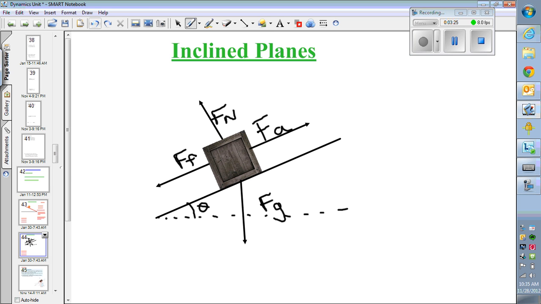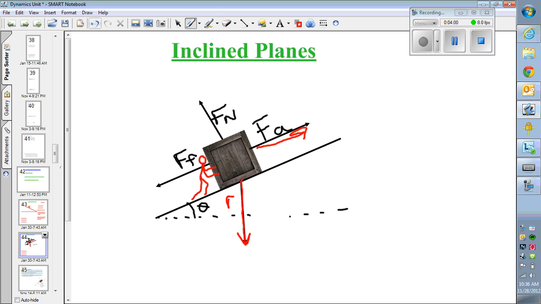Okay, so if you were a person pushing on this crate, trying to hold it there and pushing like crazy, you're pushing with this FA up the plane, and friction would be pushing back against you once it's moving, but part of gravity is also pulling it down. It's not all of the gravity, because you're not picking it up. It's the part of that vector that's down the plane. So we have to break up gravity.